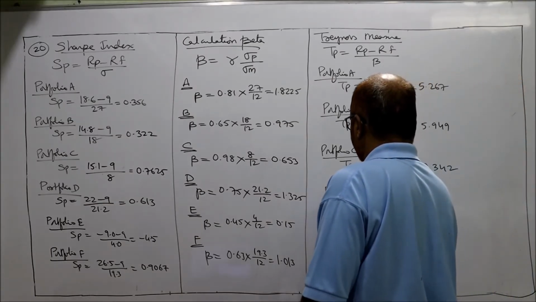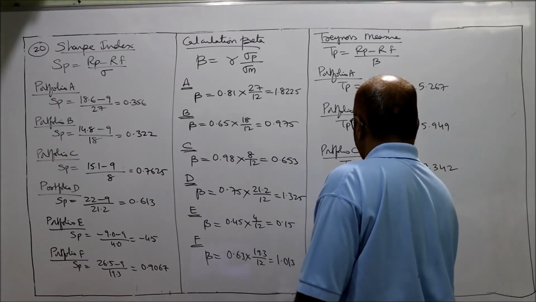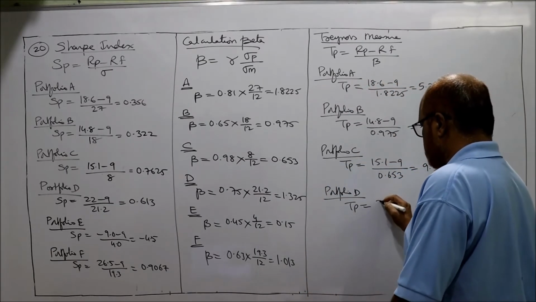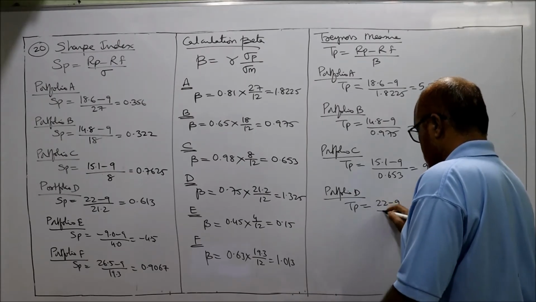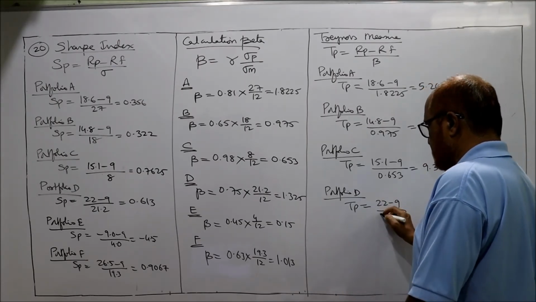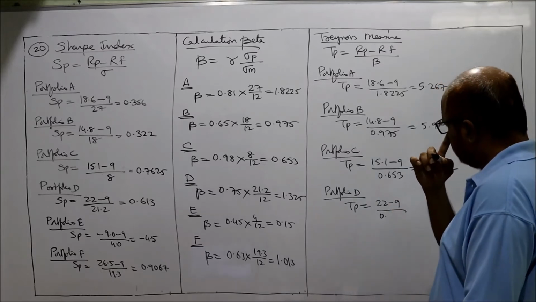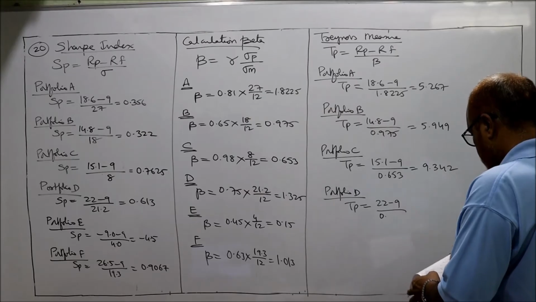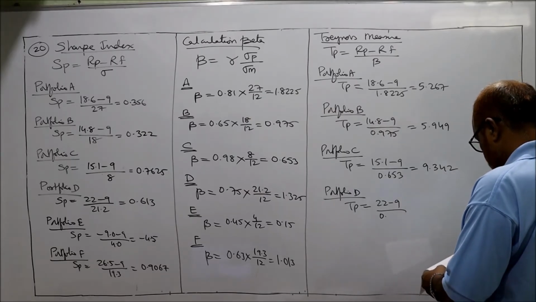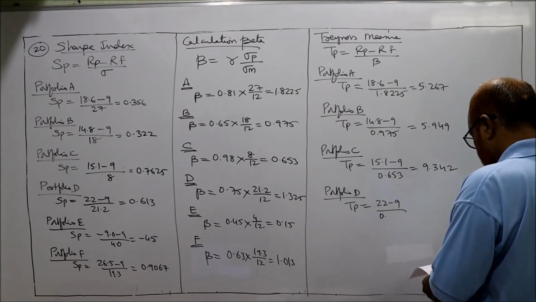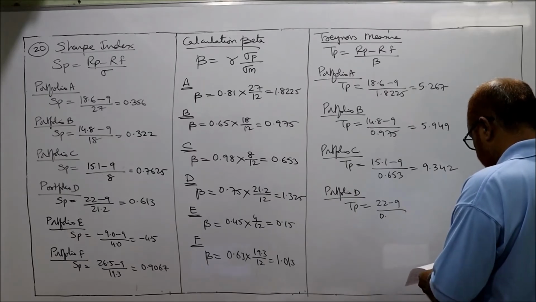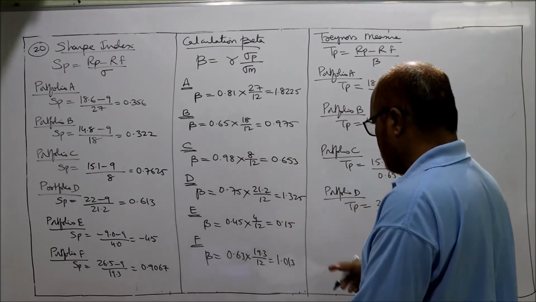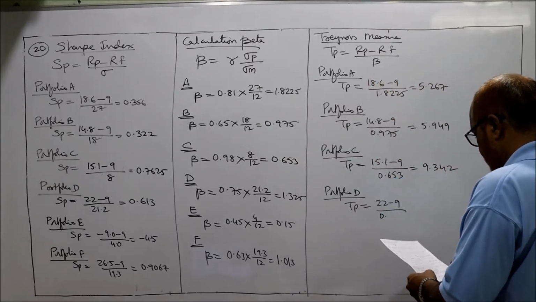Portfolio D, TP is equal to 22 minus 9 divided by the beta value, 1.325.